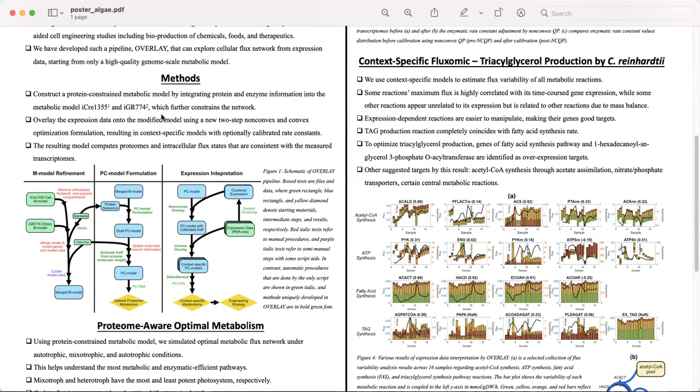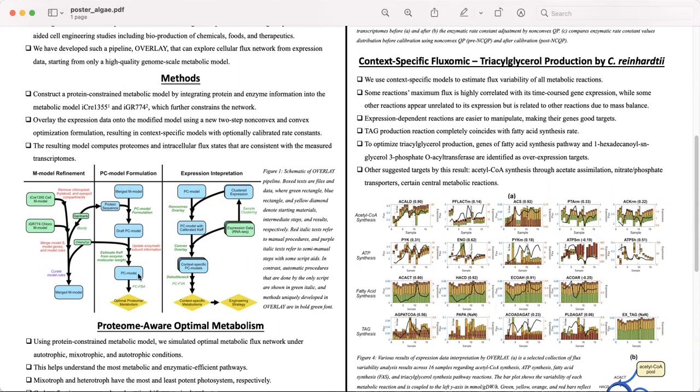We are investigating the TAG, triacylglycerol, accumulation in Chlamydomonas reinhardtii, a microalga. So we're using the M model, and we did some model refinement. Then from that M model, we built a protein constrained M model called the PC model, also referred to as the EC model in some other literature, but basically it contains information of proteins and enzymes in the model.